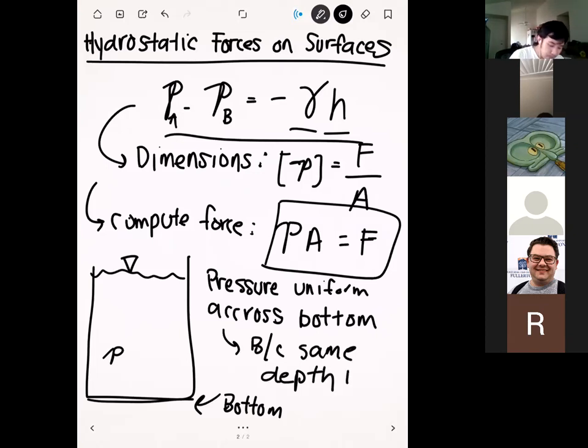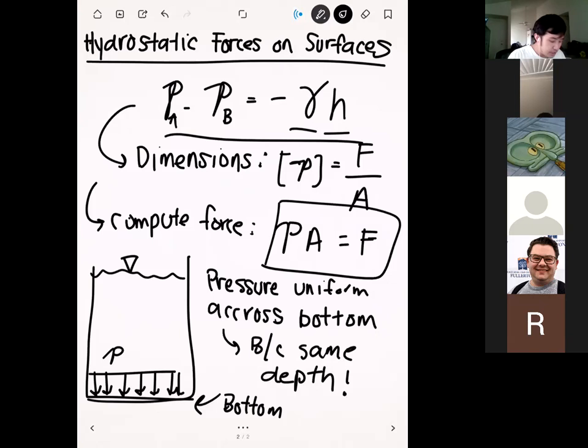Okay. And so, if we actually draw out the pressure force that's on this surface, it might look something like this. Okay. Right? And so the way that we can draw the pressure force is that we can basically draw a distributed force on that bottom surface, where the pressure is distributing a force on that whole surface.